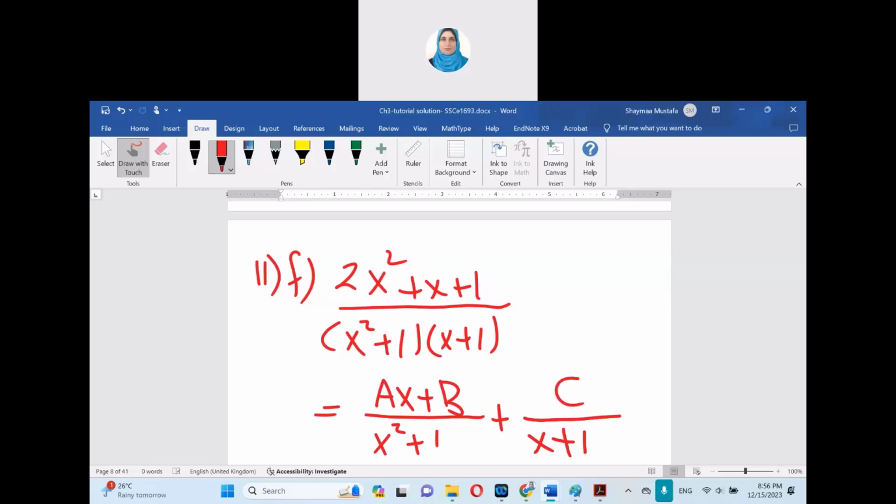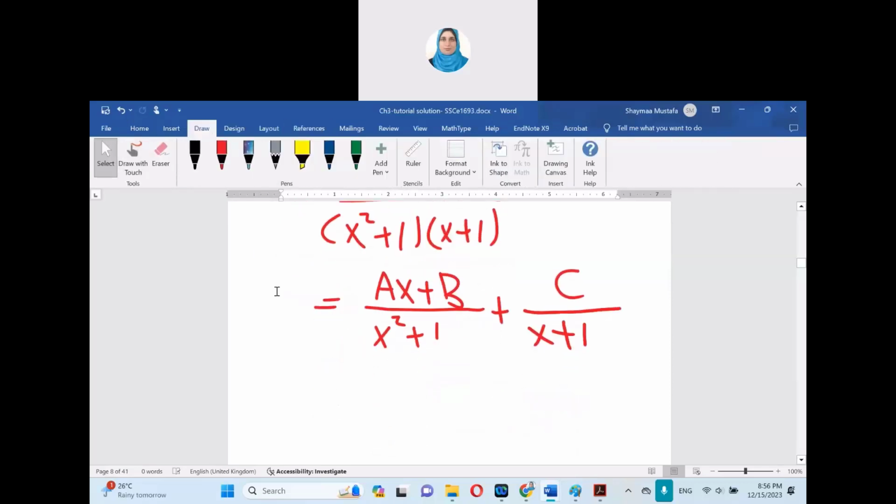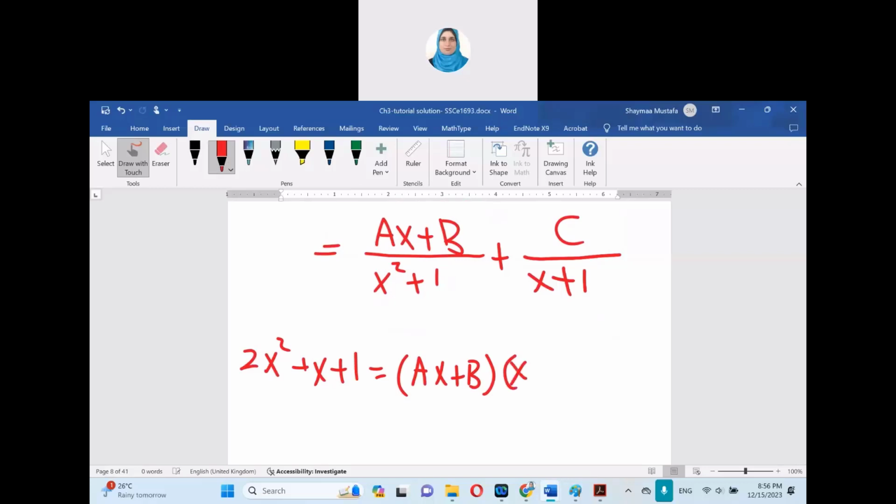The second is linear, so its numerator is a constant c. Now you need to solve this equation: 2x squared plus x plus 1 should be equal to ax plus b, times x plus 1, plus c times x squared plus 1. Solve this equation to find a, b, and c.